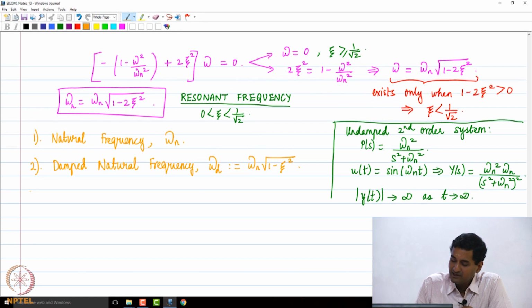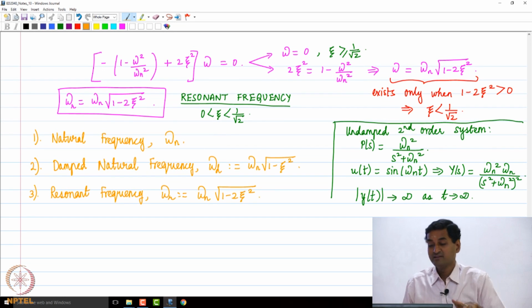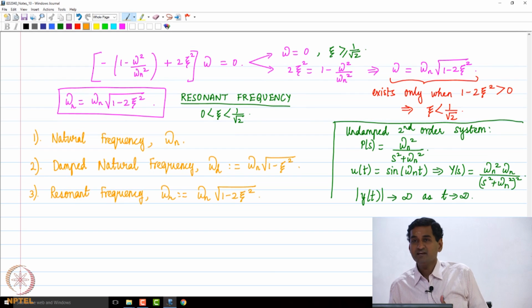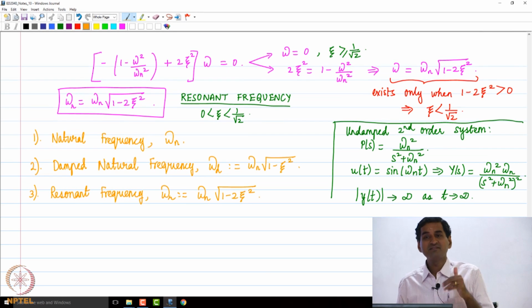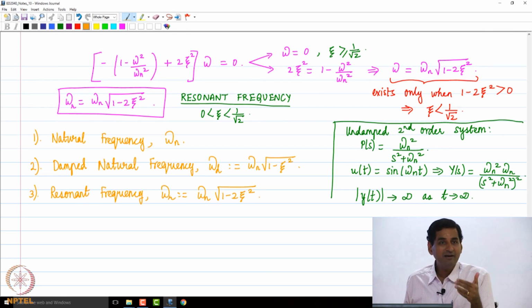Now the third frequency is the resonant frequency, omega r, which is omega n times square root of 1 minus 2 zeta squared. This essentially means that I have a stable underdamped second order system with damping ratio between 0 and 1 over root 2.